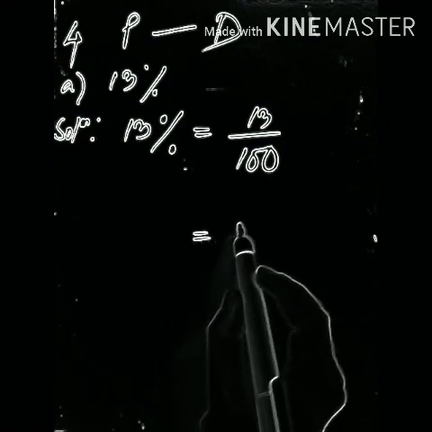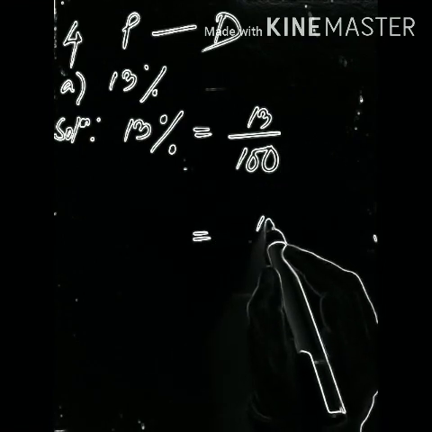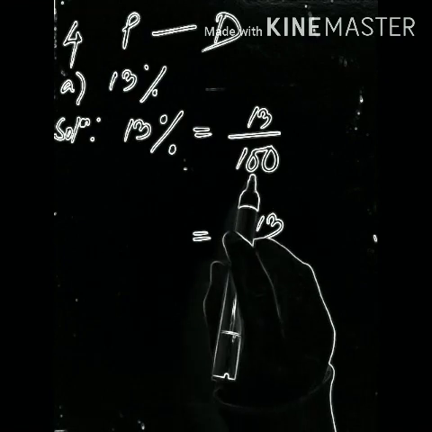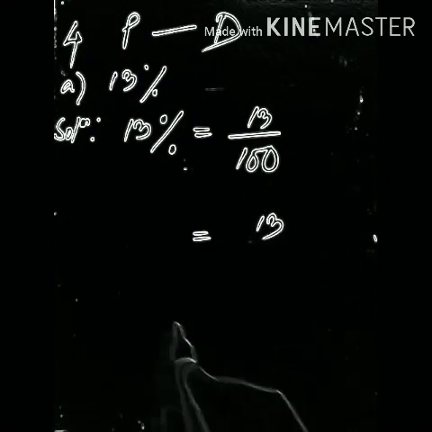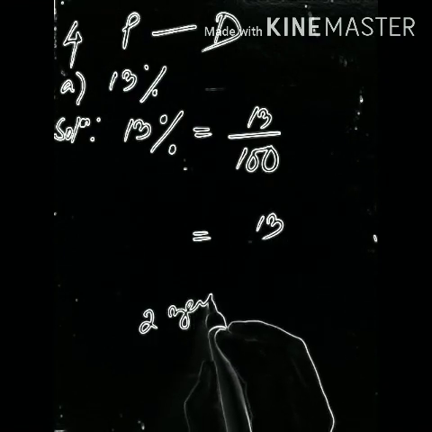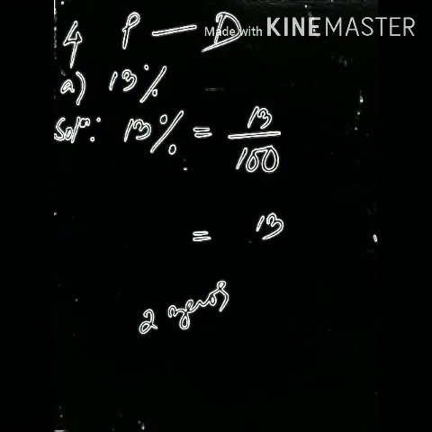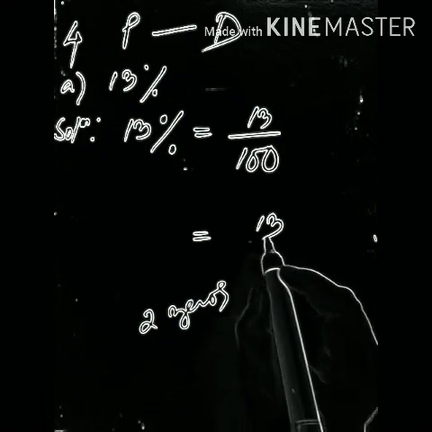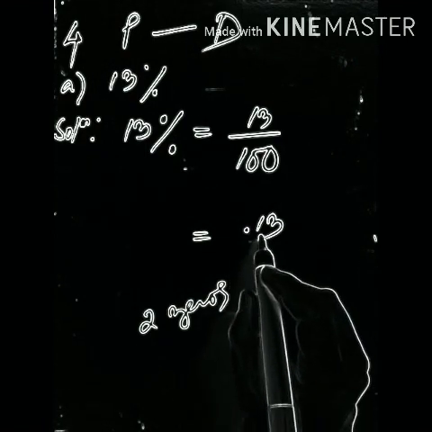Let me tell you the shortcut. This 13 you just write here. And how many zeros here? 2 zeros. It means that there should be 2 places after the point. That means there should be 2 digits after the point.